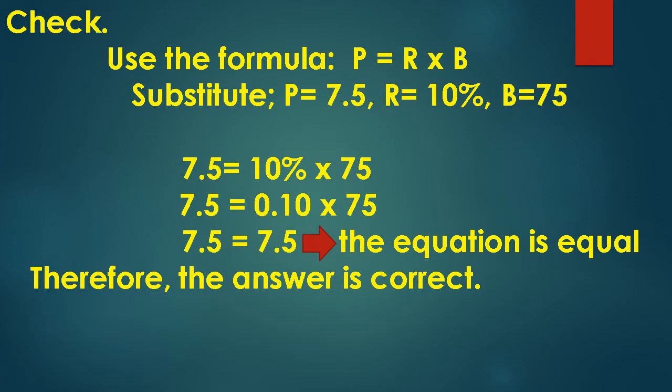So 7.5 or 7 and 5/10 is equal to... 10% changed to decimal becomes 10 hundredths times 75. So the answer is 7 and 5/10. So the equation is equal. Therefore, the answer is correct.